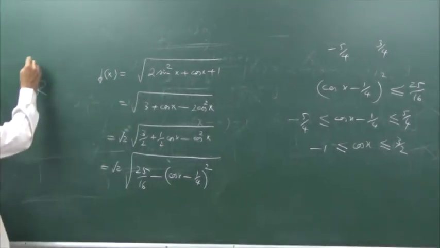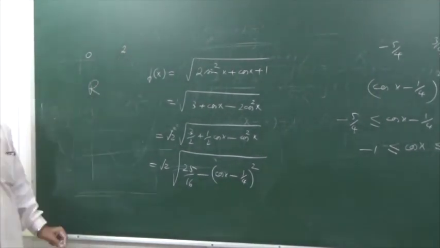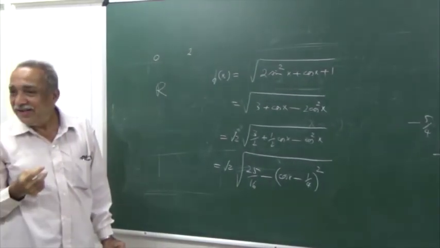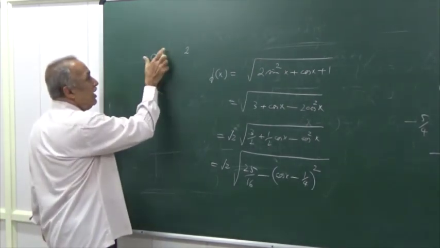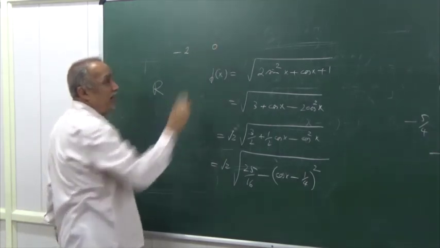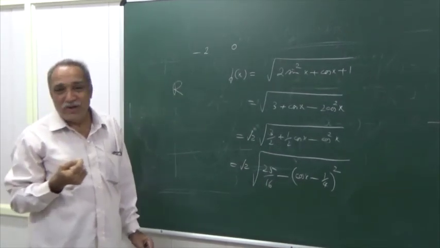Consider a variable x taking values between 0 and 2. The square will take values between 0 and 4. A variable taking values between minus 2 and 0, the square will take values between 0 and 4.